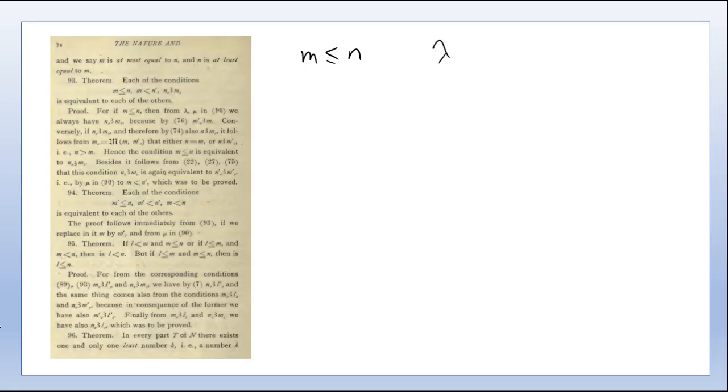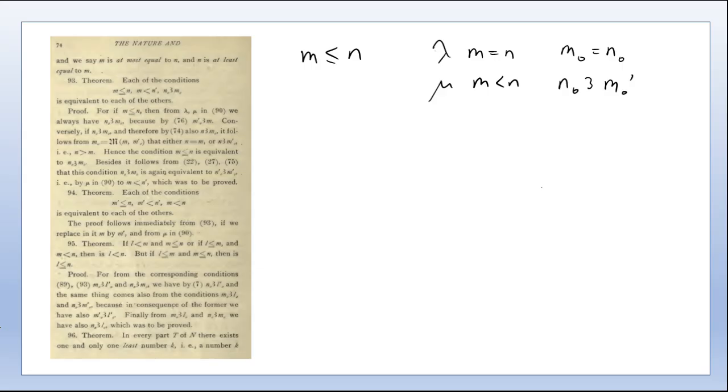Okay, so if we check lambda, this is the case when m is equal to n, then we've got m naught equals n naught. And what was the other one? Mu. That's when m is less than n. In that case, we've got n naught is a part of m naught primed. We always have that n naught is a part of m naught.